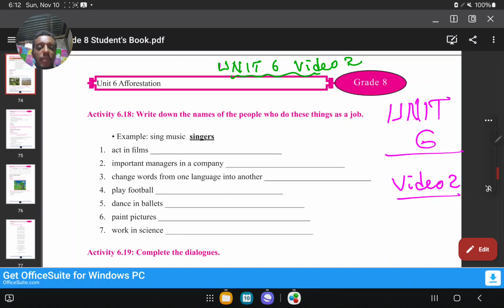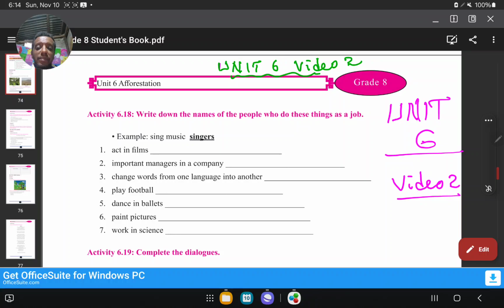Write down the names of the people who do these things at the job. This is the question of suffix. Suffix እንግዲህ at the end of the word add እንደሚደረግ አይተናል ውድ ተማሪዎች። So the right answer, example, sing music, singer, yeah, singers.